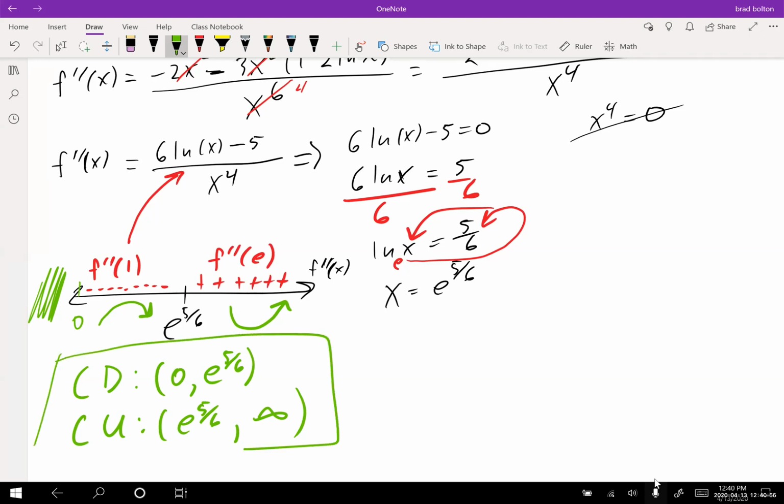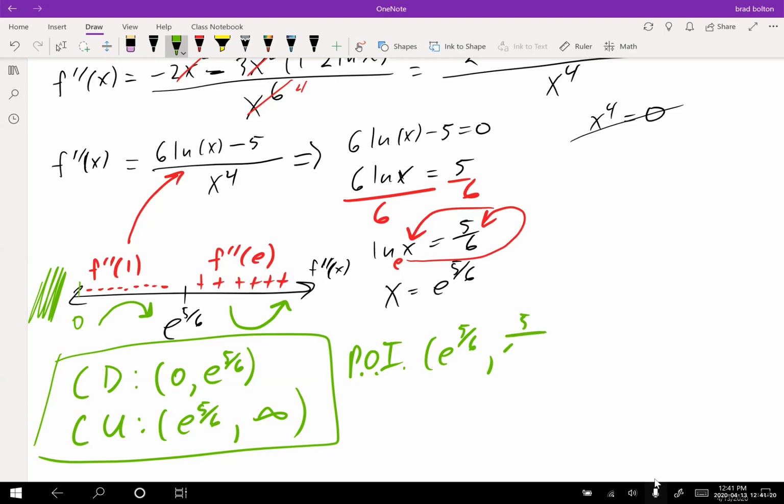So this would be my concavity, and my point of inflection would be wherever you change concavity. So if you ever go from plus to minus or from minus to plus, you have a point of inflection, as long as it's in the domain of the original function, which e to the 5/6 is. So we have a point of inflection at e to the 5/6, comma, and if you plug this in, you get this exact value.